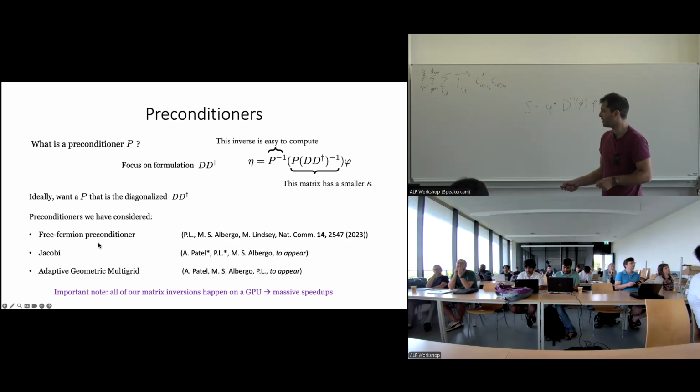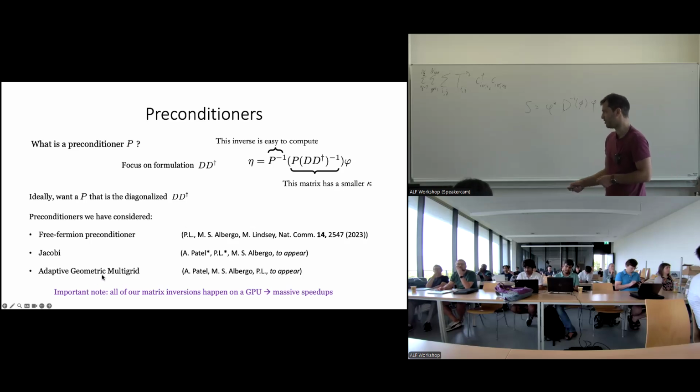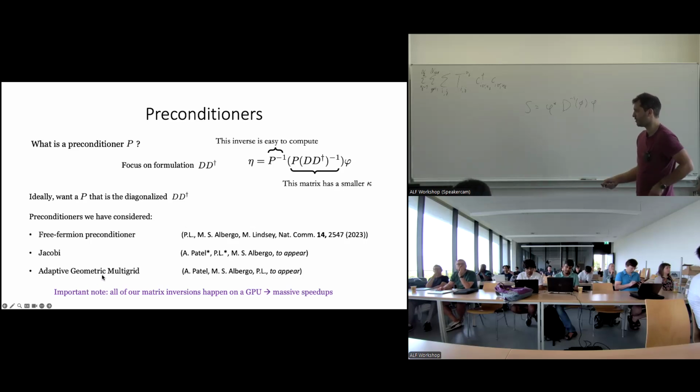The first preconditioner that I'll discuss briefly is the free fermion preconditioner, which we used here. In these 2 papers, in this paper we use this Jacobi preconditioner, and in this one, it's a technical paper, we talk about this multi-grid preconditioner.